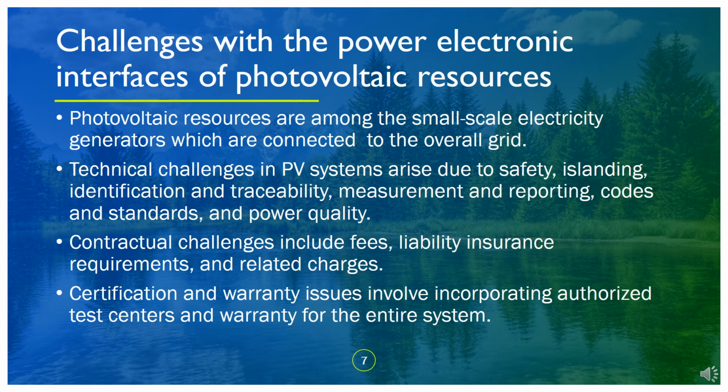Due to the introduction of other interfaces, there are issues and challenges related to photovoltaic resources grid integration. The issues can be categorized into technical, metering and rates, contractual, certification and warranty, and research and development challenges. Technical challenges in photovoltaic systems arise due to safety, islanding, identification and traceability, measurement and reporting, codes and standards, and power quality.